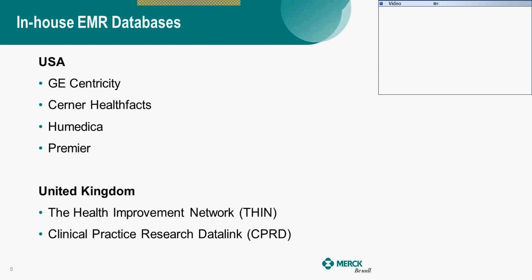It does have a combination of clinic, physician, and also hospital information. Recently, we did acquire Premier. In the United Kingdom, we have these two, THIN and CPRD. They're similar, but for some business reasons we do have both of them.